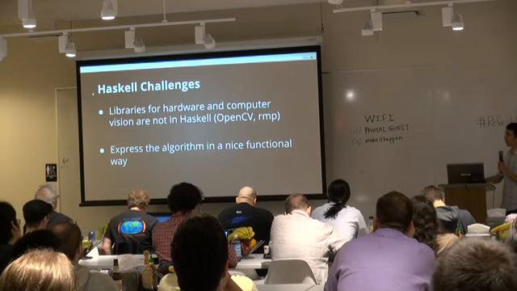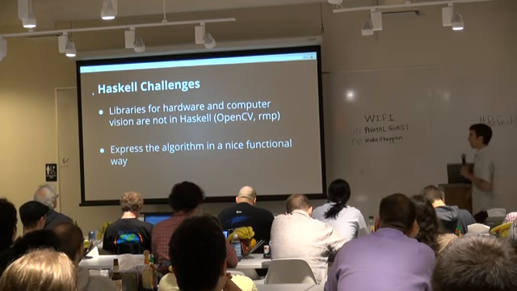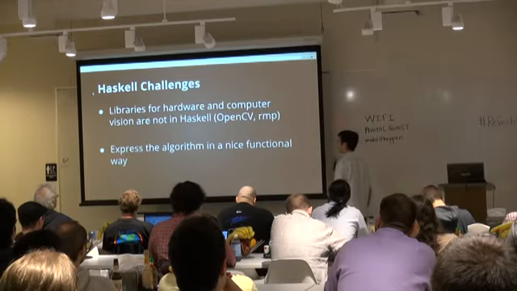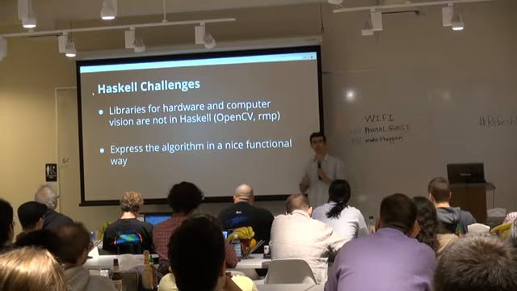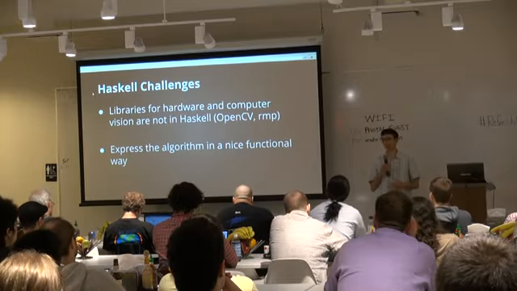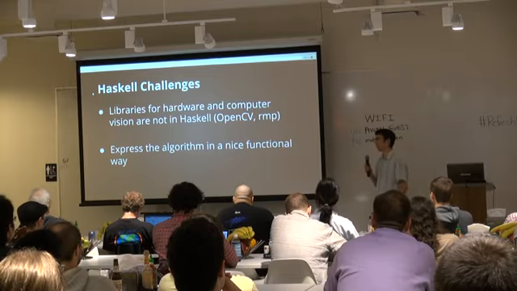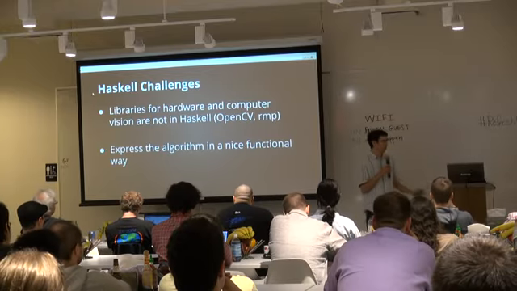Okay, as I said, the first main challenge is talking to these non-Haskell libraries. And the second problem is, how do I do this thing in Haskell in a way that's really good Haskell style, and not, you know, just write the same program I would write in another language in Haskell.